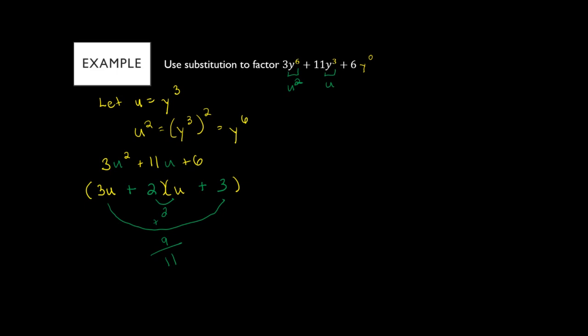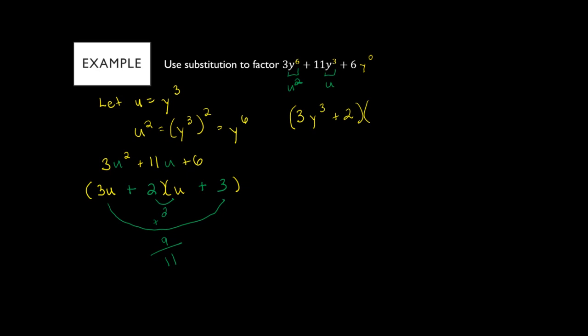So now that I've factored, I need to replace u with the y cubed and then u squared with the y to the 6th. And we don't have any u squareds here, so it's literally just the u. So instead of 3u, it's 3y cubed. And because it's just one thing, we don't need parentheses there.